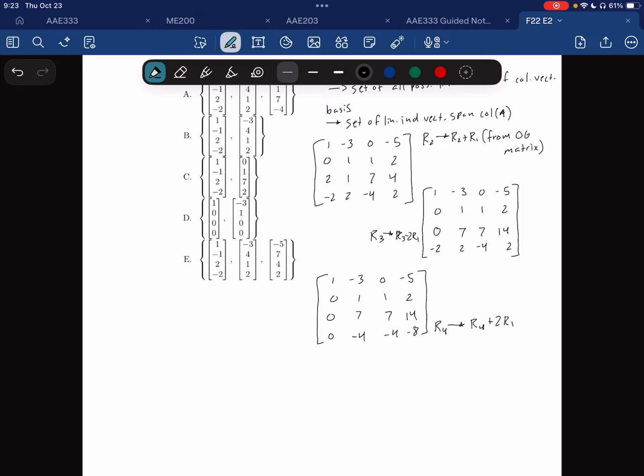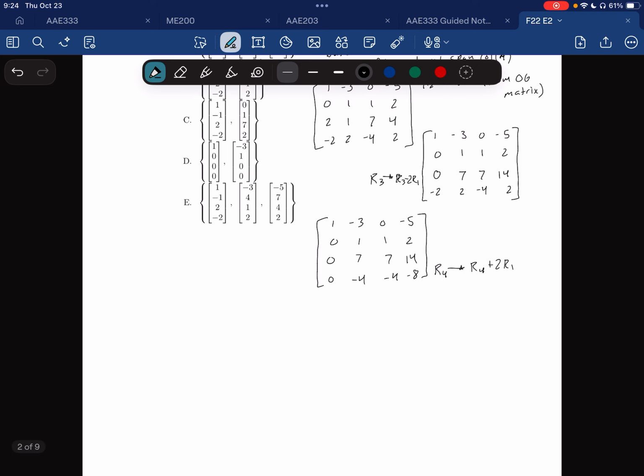But I think the rest of this should be good. Yeah, this looks good. Okay. So we're looking pretty good. Let's just keep going. And actually, just by inspection here, we can see that I can divide row 3 by 7. I can divide row 2 by -4, right? So let's do that.